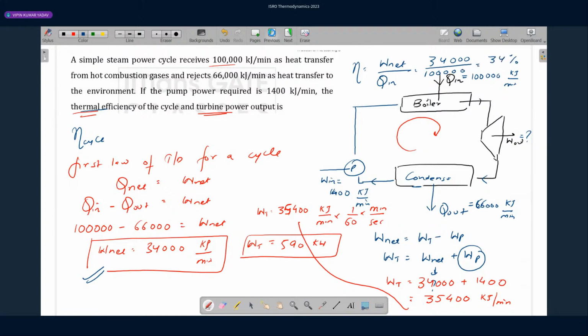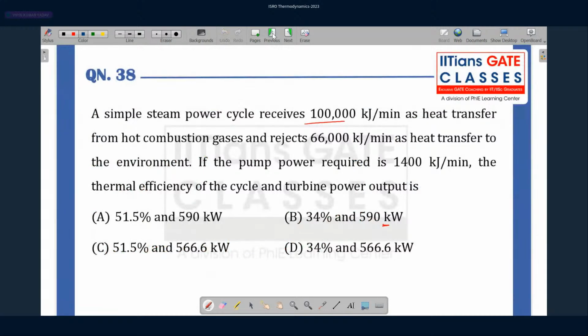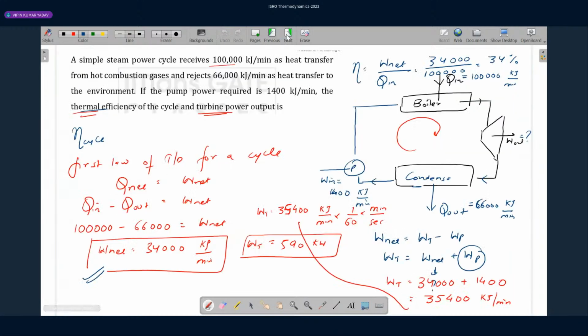So let us see what is the right answer. 34% and 590. So this is basically your right answer. Got it? Chalo. It's a very simple question. If you know the concept, it's really, really simple.